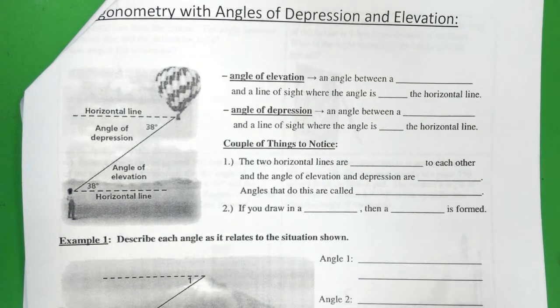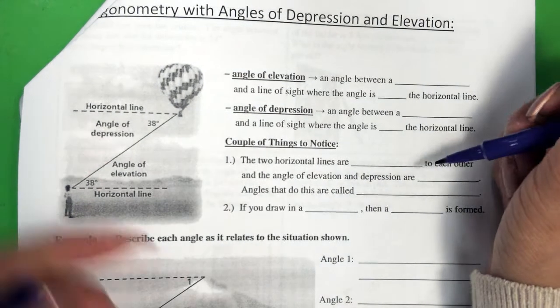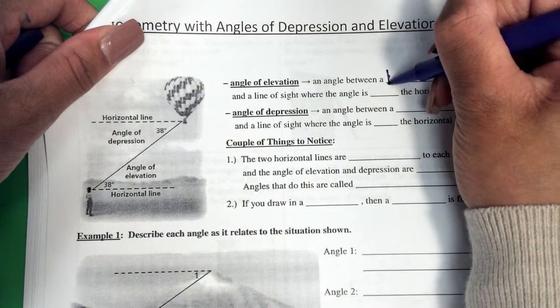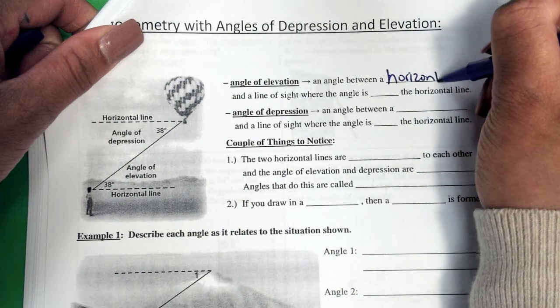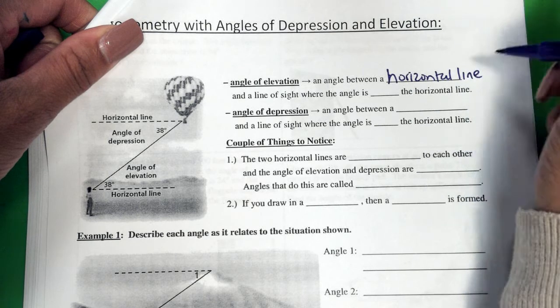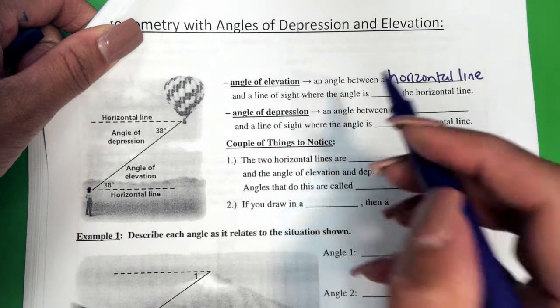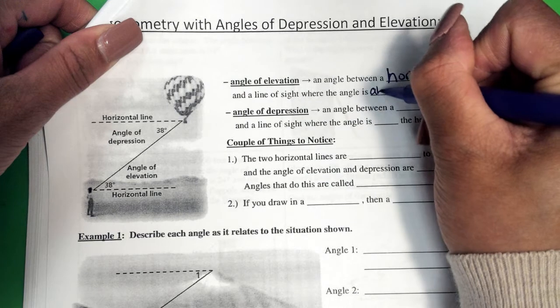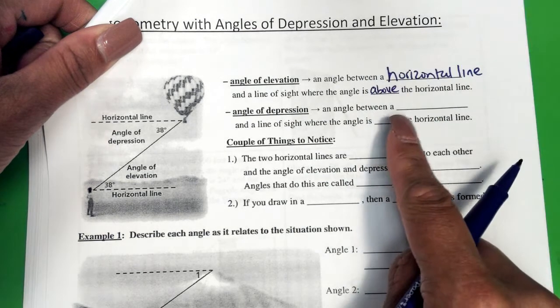So angle of elevation is an angle between a horizontal line and the line of sight where the angle is above the horizontal line. That's above.